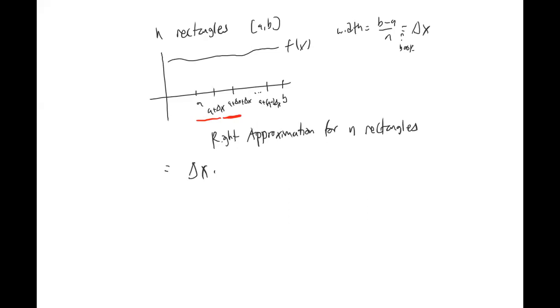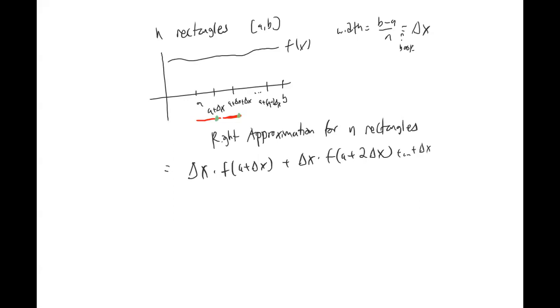And then it's the same idea, right? For the right endpoint, you would take the right term, right? So for the first interval, you would take a plus delta x, right? So this is f of a plus delta x. For the second interval, you take a plus 2 delta x, since delta x plus delta x is 2 delta x, right?